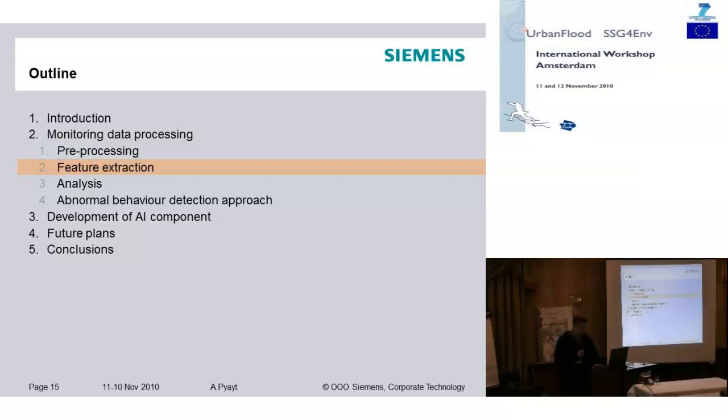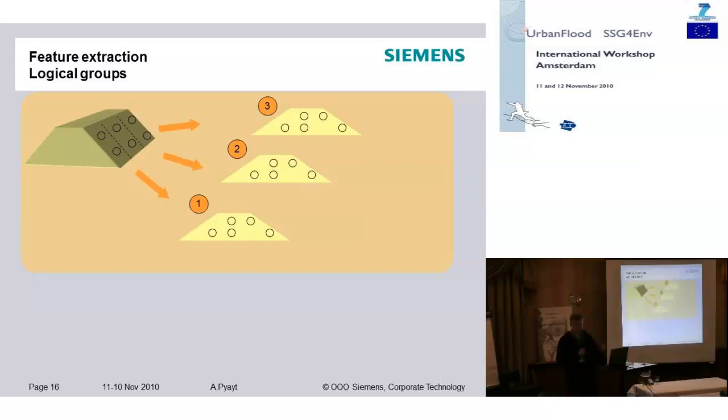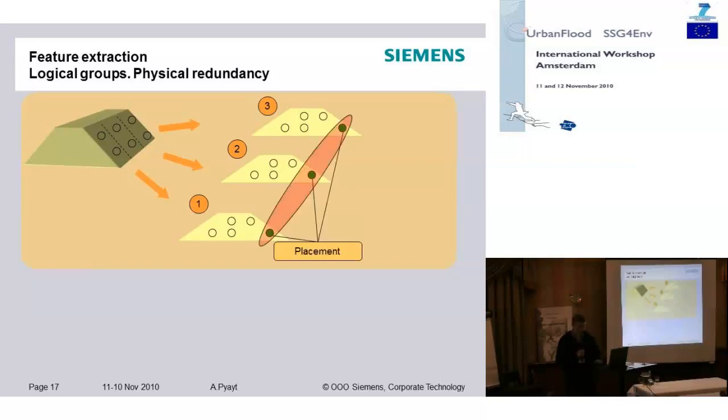About feature extraction. So we have a dike with installed sensors in different cross sections. If we will use all measurements as a single vector for dike abnormal behavior, we cannot guarantee robustness of our dike abnormal behavior approach because of sensor failures, for example. That's why we create some logical groups. For example, we can group sensors according to placement, or we can group sensors according to types of sensors.